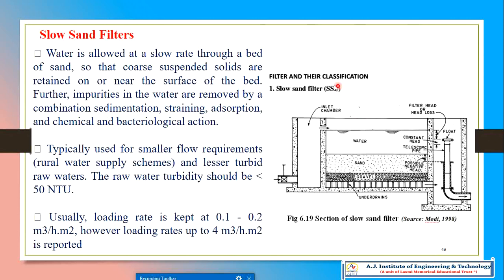Slow sand filter is nothing but the filter which has a slow filtration rate. The rate of filtration will be less as compared to a rapid sand filter.